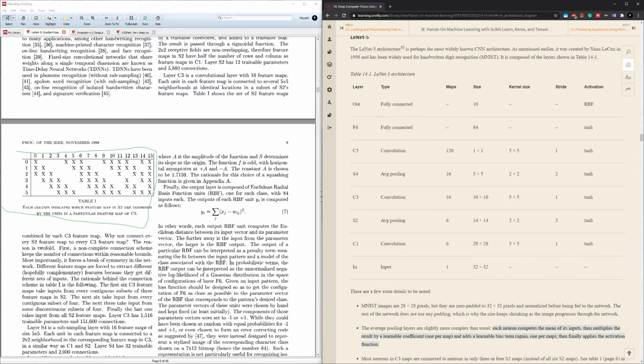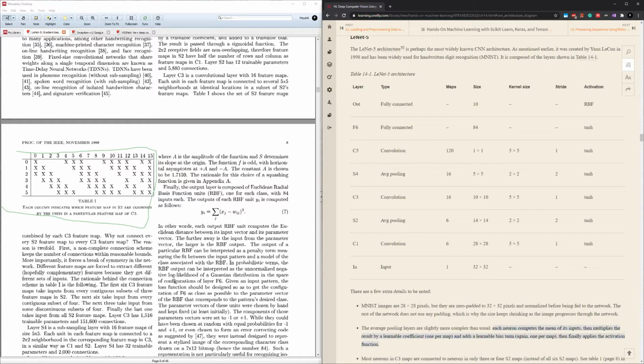If you read this, it's a very beautiful document, a research paper. If you read it, you will have a full idea of how these layers are connected and what the thought process was behind it in those good old days.